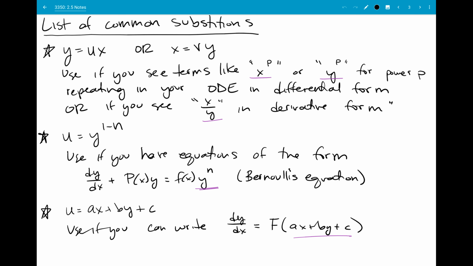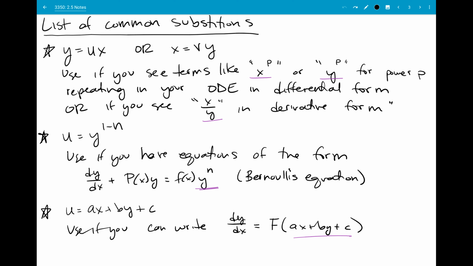And then we gave the list of common substitutions. There's the proportional substitution that y is u times x, or sometimes you can say x is v times y, but they're kind of the same approach. You use it if you see things like x to the p and y to the p appearing in your differential equation, if it's in differential form, like you saw for exact equations.